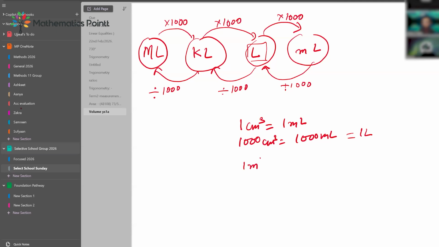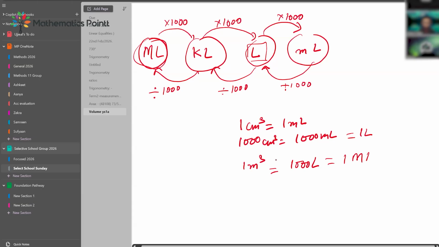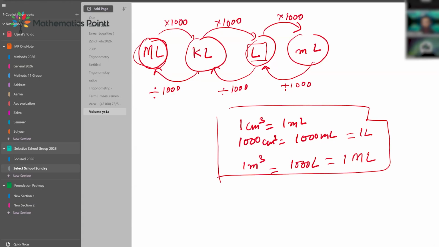Similarly, 1 meter cube is 1,000 liters, which is nothing but 1 megaliter. So just remember this. It is very handy when you're playing around between the volume, which is cubic units, to liters, milliliters, and kiloliters.